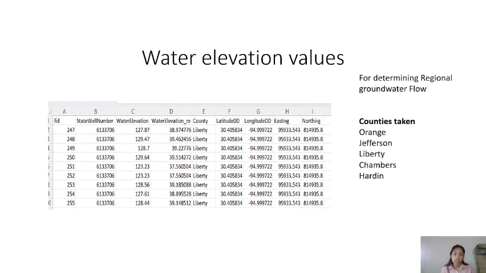Now the groundwater elevation is converted into meters, and then this is imported into GIS. The data is reprojected to Albers conical equal area, and then in the attribute table the easting and northing are calculated so that we can do the calculation in meters and the values obtained are accurate.